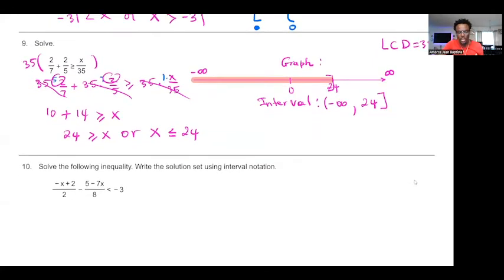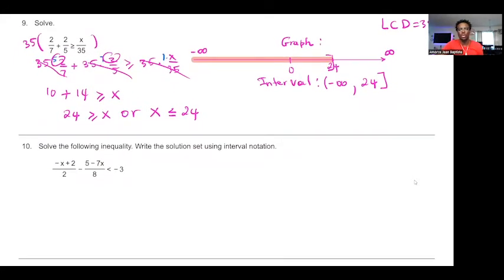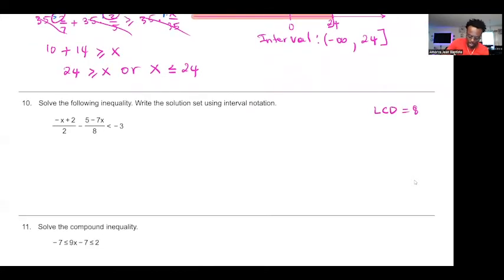Same situation for this problem number 10. We're going to have to find the LCD. In this case, LCD is 8. Then multiply by 8 everywhere.